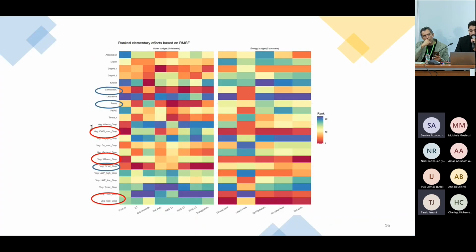be performed. So after doing a sensitivity analysis on both water budget and energy budget, we spotted that for the water budget, we've got the Brooks and Corey coefficient, which is related to porosity as well.